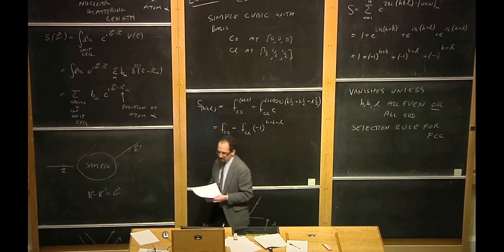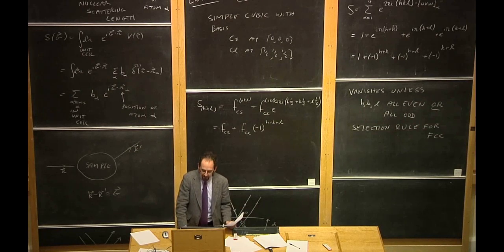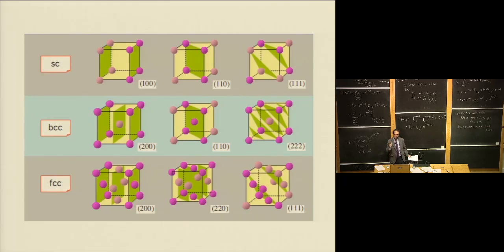So where do these selection rules actually come from? If you remember back to the last lecture or the lecture before, we discussed families of lattice planes and how it is that certain sets of Miller indices do not correspond to families of lattice planes for BCC and FCC lattices. So remember, for example, the (1, 0, 0) family of lattice planes, or reciprocal lattice vector, corresponds to these sets of planes for simple cubic. If I tried to use that (1, 0, 0) for BCC, it would not be a family of lattice planes because you would miss the guy in the center of the conventional unit cell.